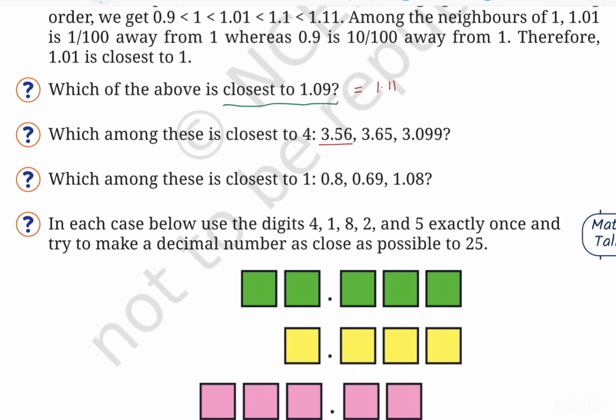Next question, which among these is closest to 4? First one is 3.56, 3.65, 3.099. So we can see that 3.099 is in between 3 and 3.1 and this number is between 3.6 and 3.7, and here it could be 3 and 3.6.